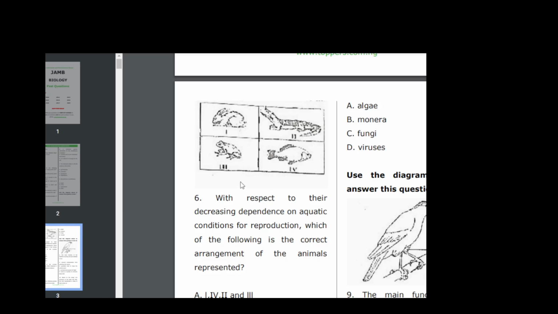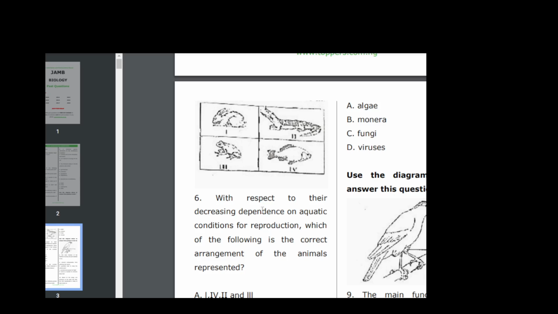Now, let us look at this. Pisces, the fishes, are dominantly aquatic organisms. The whole of their life is in the waters. We have the amphibians, the frogs or the toads, and the crocodiles. They also live in water, but they have the ability to survive on land. The only one that doesn't go into the water here is the rabbit.